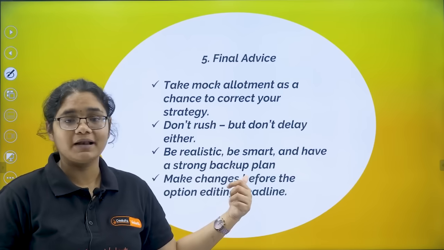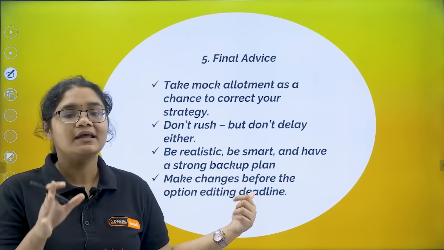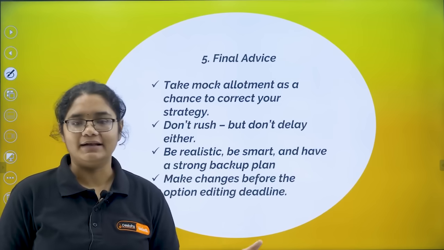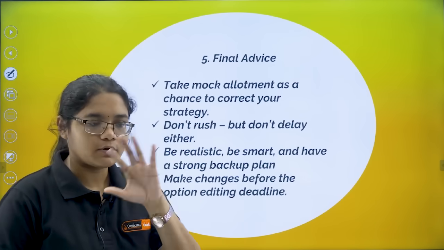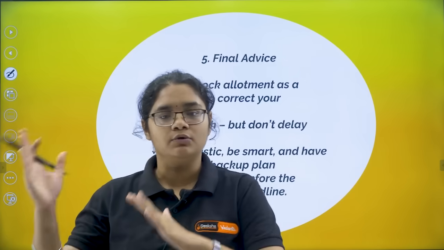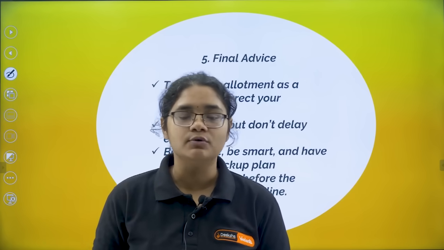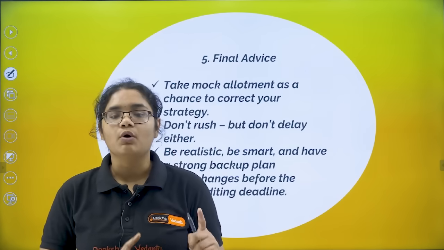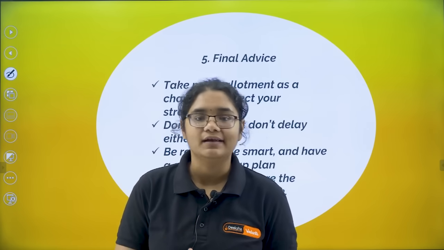Having a backup plan is the smartest decision that you can make here. And lastly, make changes before the option entry editing deadline. If you are not making any changes, the same list will be saved for the final round also, and that can cause a problem. So please make sure that you do all the editing that you want well in advance.